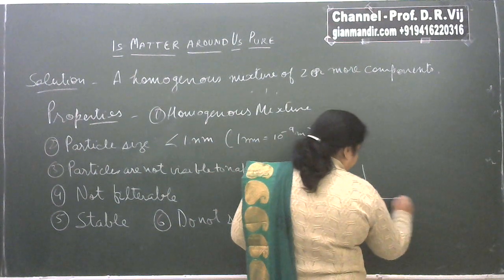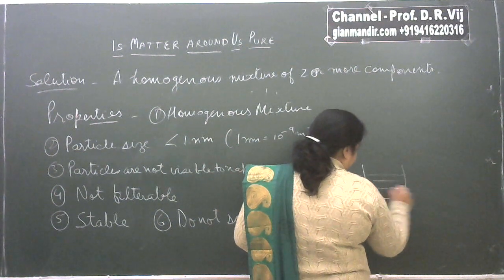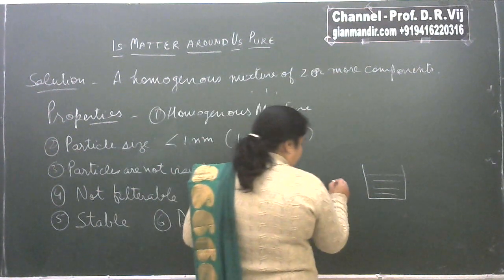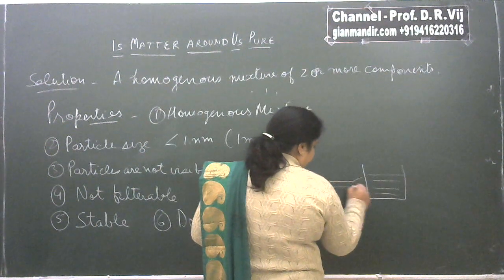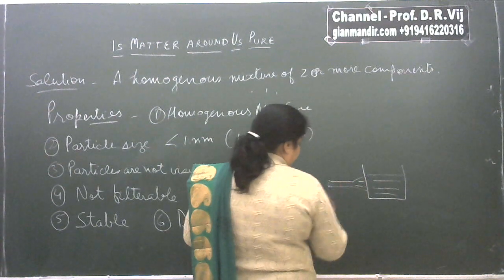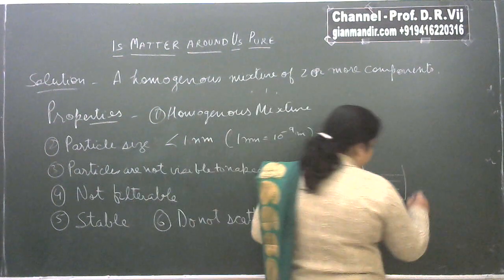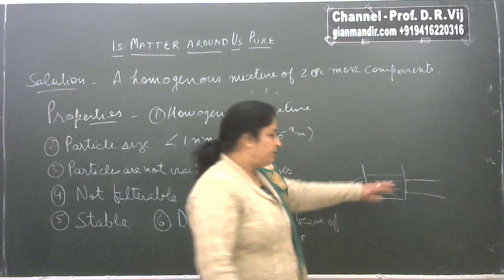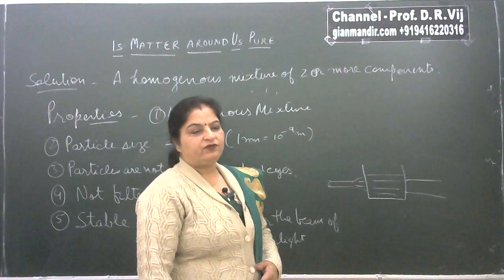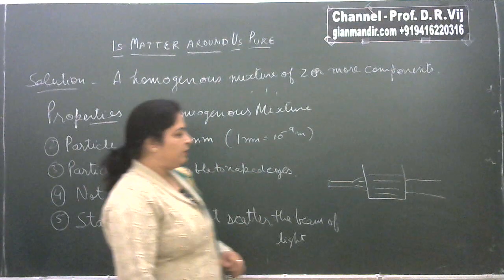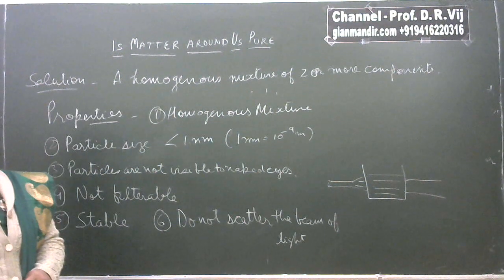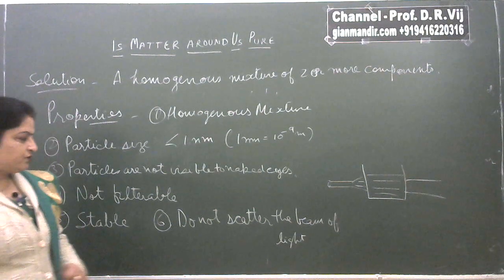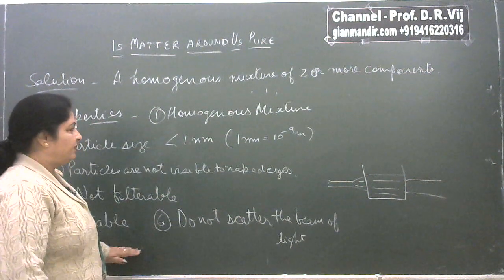So suppose you have a solution of something, say sugar in water or salt in water or anything else, and if you pass a beam of light through this with the help of a torch, you observe that the beam of light comes out, and in a solution the path of light is not visible to you, right? So that is another important property of solutions, right?